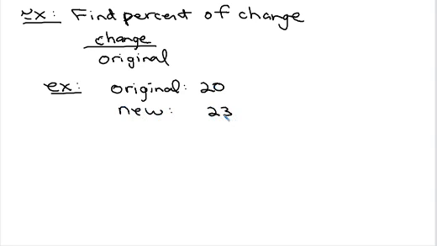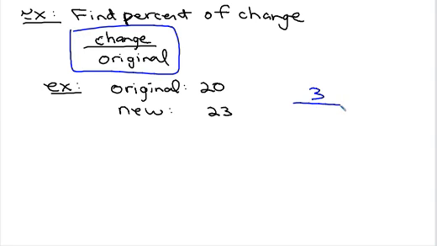So if you look at what I wrote up here, the first thing we've got to find out is how much did it change? This one's easy. Isn't it 3? So it changed by 3. That goes on top. However much it changed is just a subtraction problem. You can use your calculator if the numbers are uglier. All right? Divided by the original number.